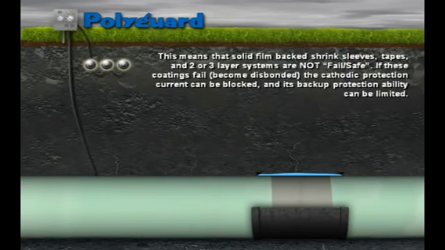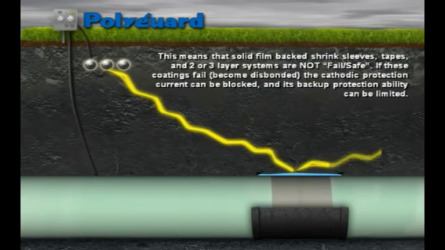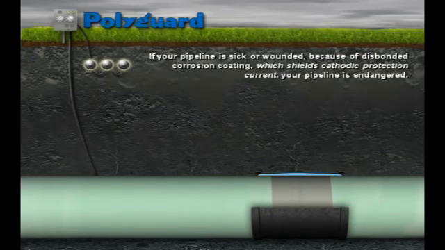If these coatings fail, become disbonded, the cathodic protection current can be blocked, and its backup protection ability can be limited. If your pipeline is sick or wounded because of disbonded corrosion coatings which shield cathodic protection currents, your pipeline is in danger.